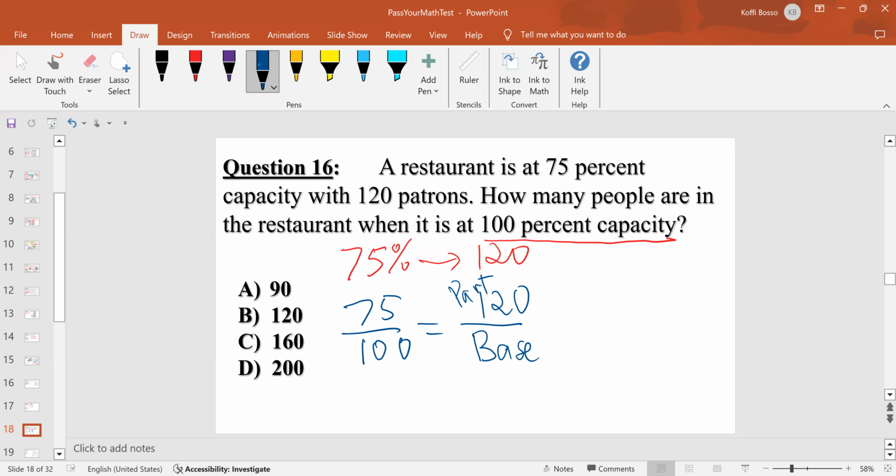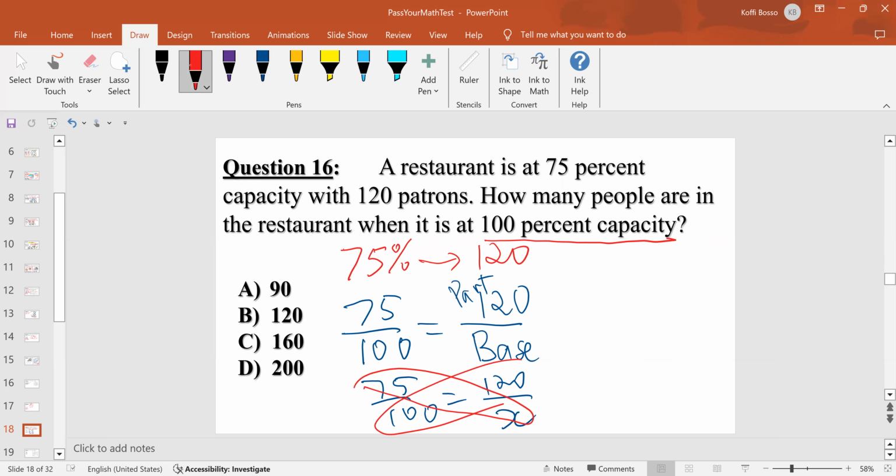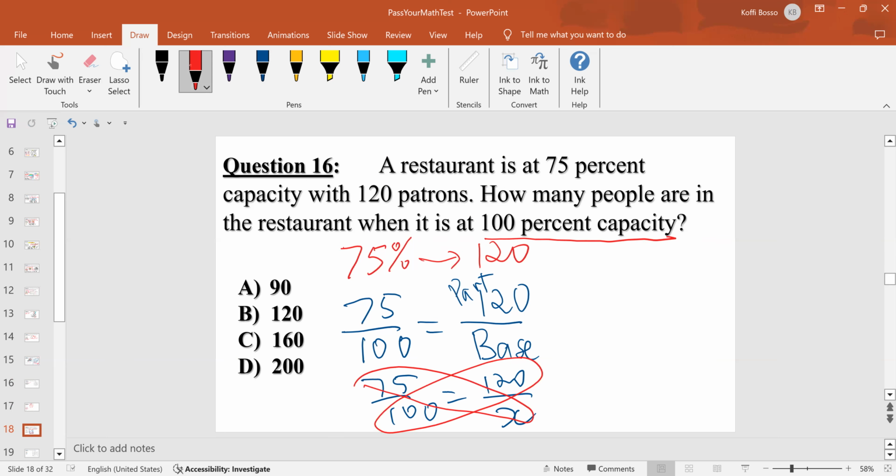I can solve this as 75 over 100 is equal to 120 over x, and figure out that x value. So again, we're going to cross multiply. If I multiply 75 by x, which is 75x, this gives me 120 multiplied by 100.